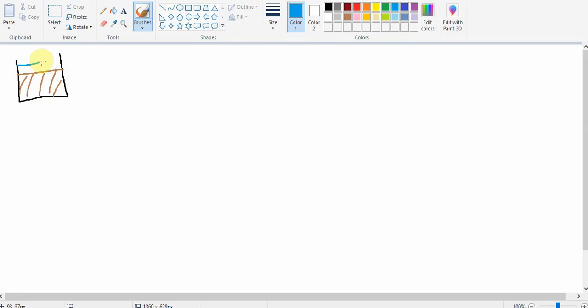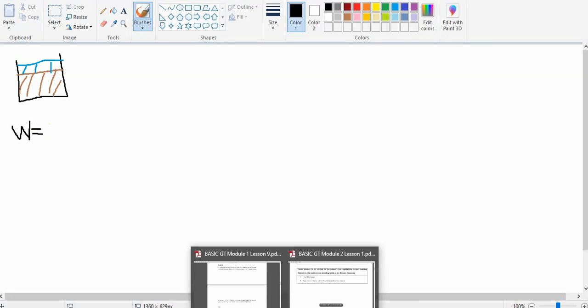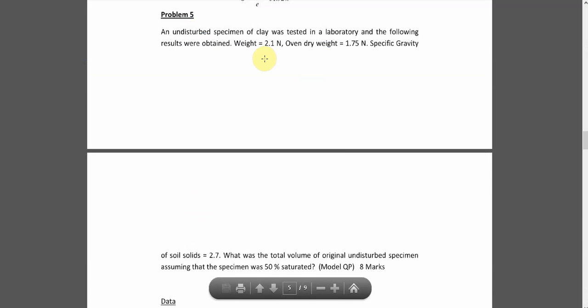This is my specimen of clay. So we take the weight, and that weight of the soil is 2.1 Newton.